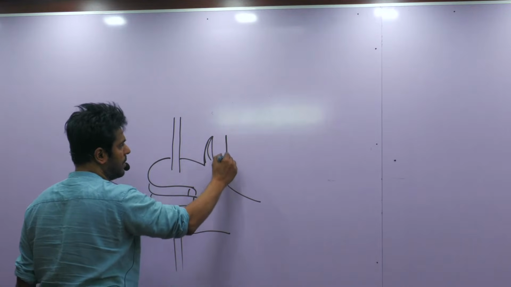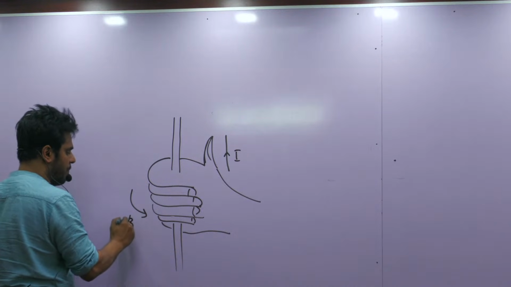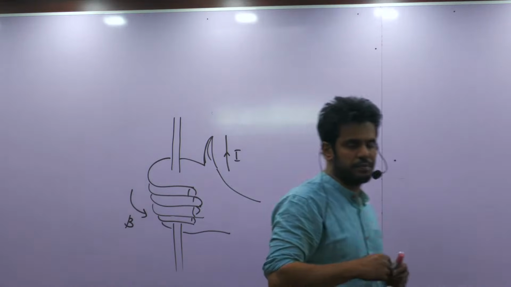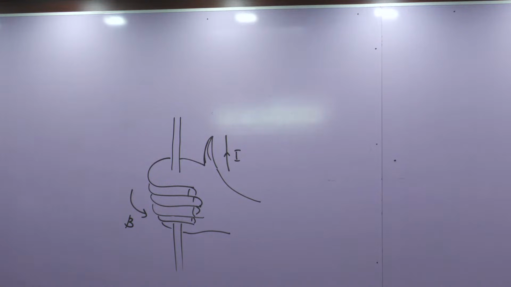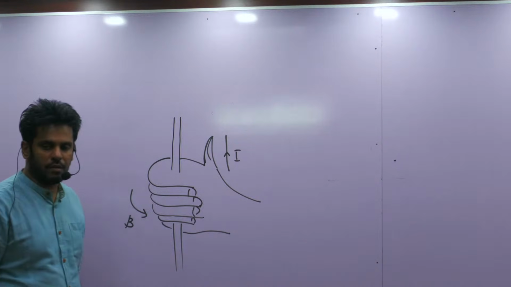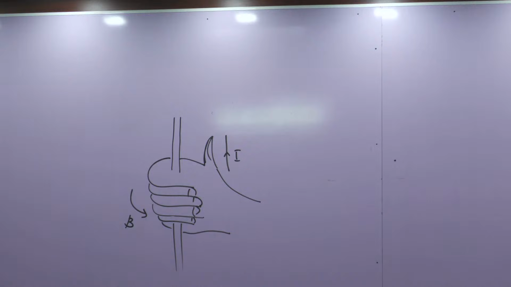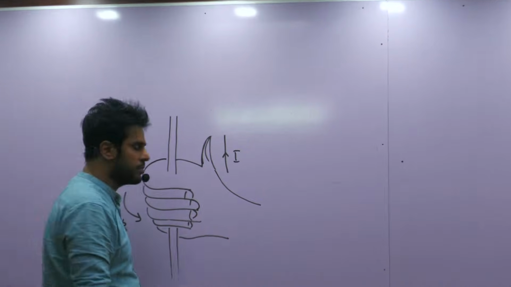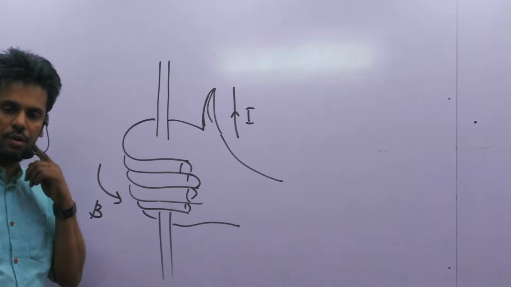Now this is the direction of current I. So these fingers represent direction of magnetic field. Right? Now right hand law.